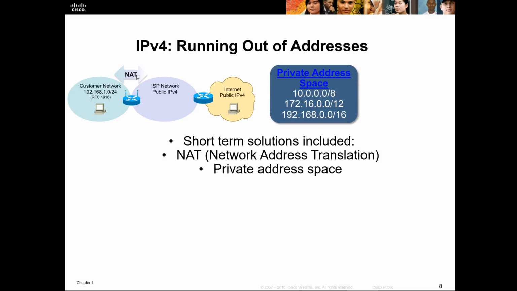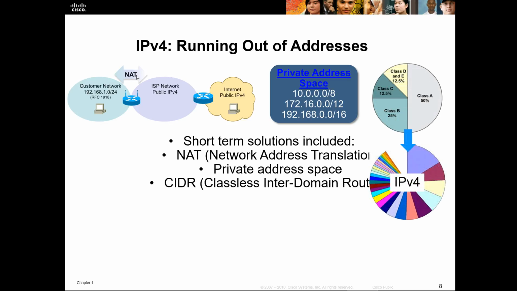We've also got the private address space: any 10-dot network, 172.16 through 172.31, or 192.168, anything starting with those numbers, all classified as private address space.